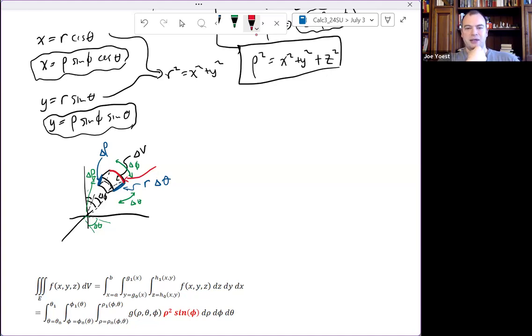Well, this side length here is phi sweeping out an angle delta phi, but that's out there at a radial distance of rho. So that side length looks like rho delta phi.